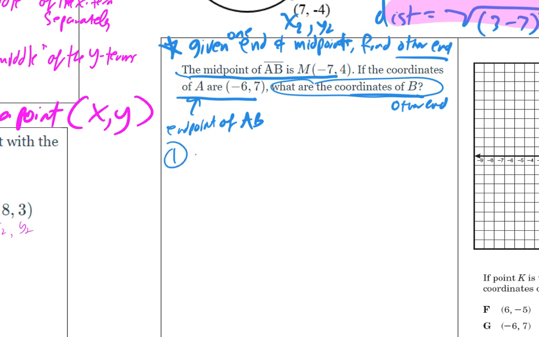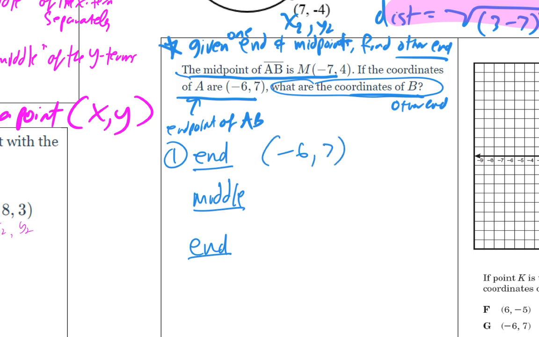First step, we're going to think end, middle, and then end. The endpoint is negative 6 comma 7.